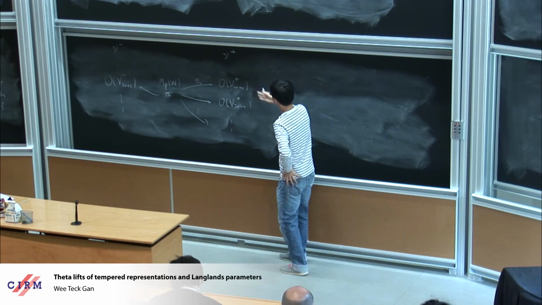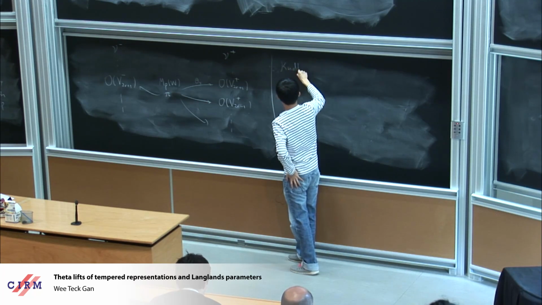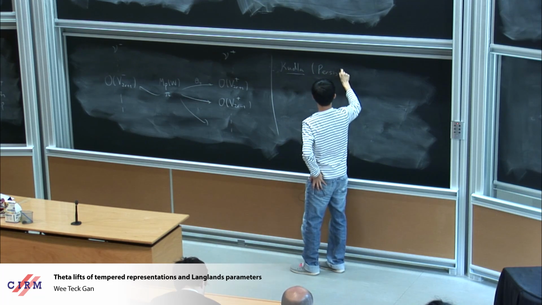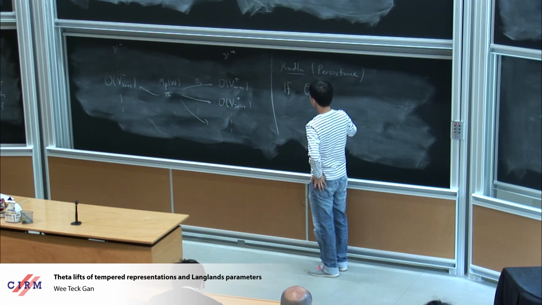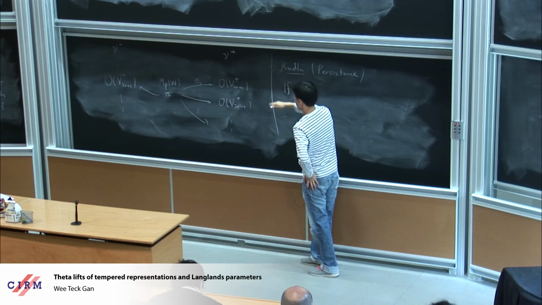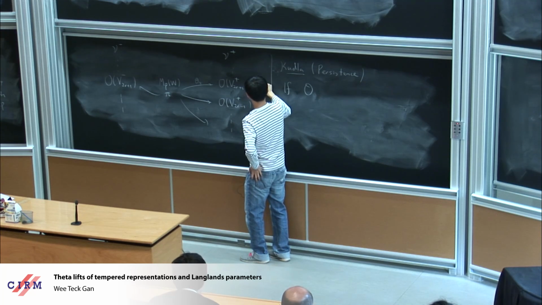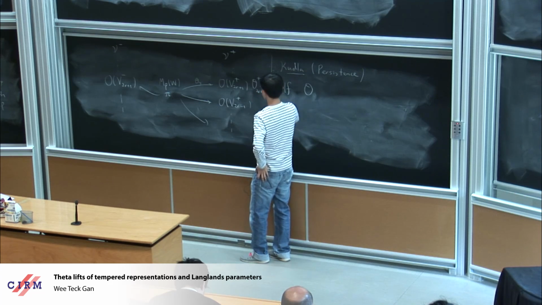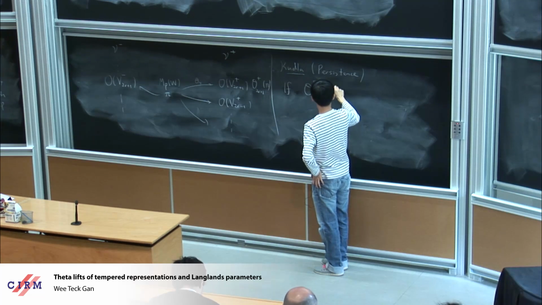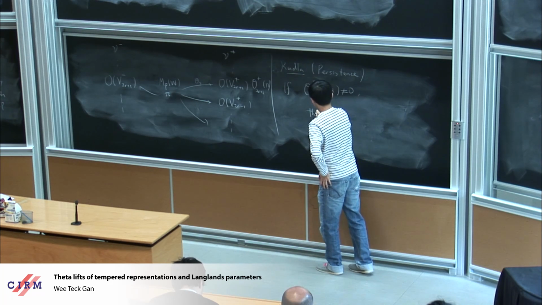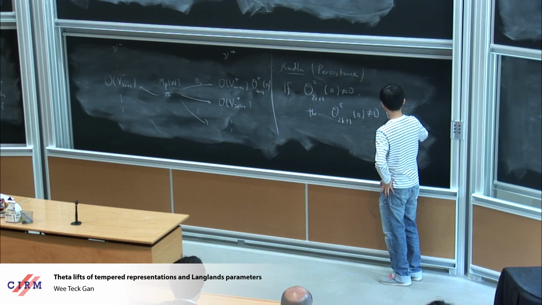The reason for setting things up this way is that there's a result of Kudla, sometimes called persistence: if the theta lift of pi to any of these spaces, say O plus of 2r plus 1, is not 0, then it continues to be non-zero for all k bigger or equal to r.